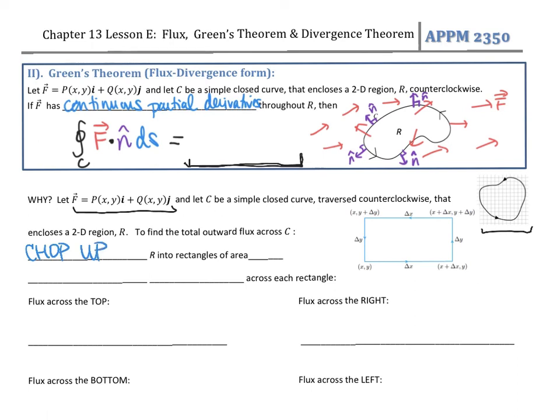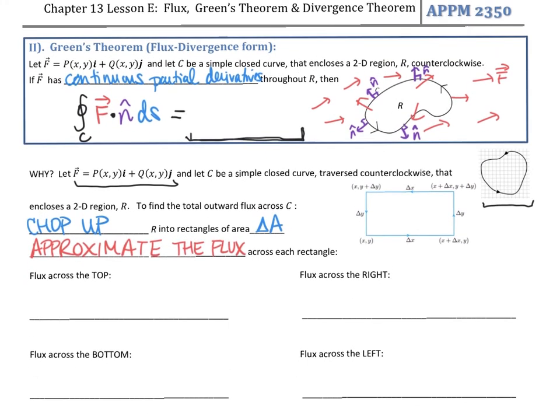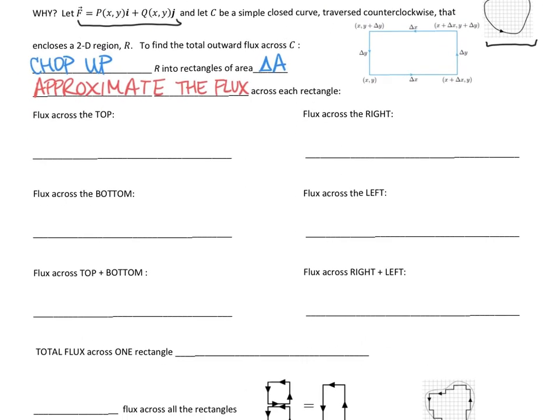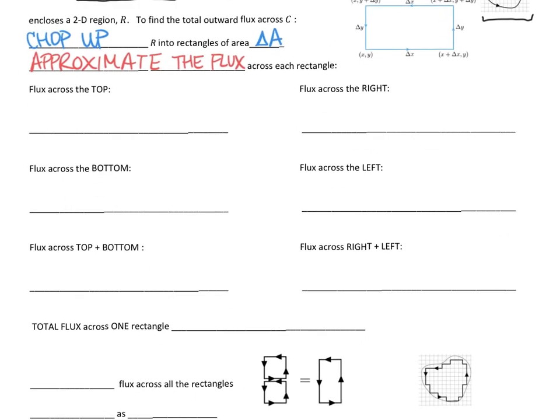So chop up R into rectangles delta A. And we'd like to approximate what the flux is across. And we're going to get to that in a minute. I'll show you how. But then, once we do that, I want you to imagine that we've approximated the flux across, say, just this little subrectangle right here.